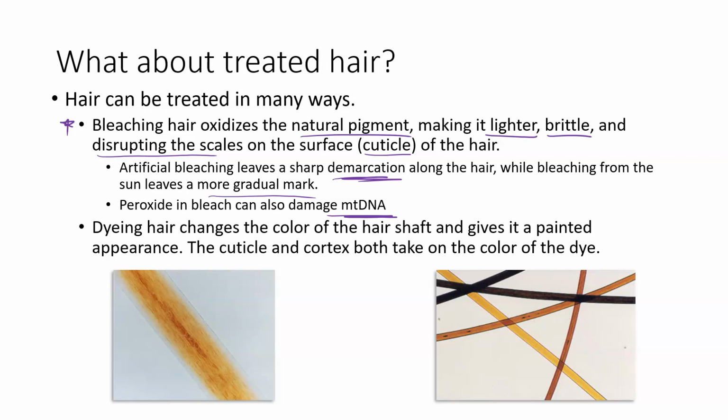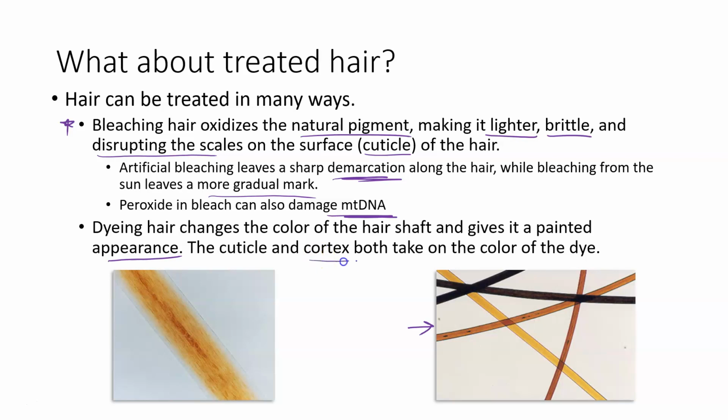Dyeing hair changes the color of the hair shaft and gives it a painted appearance, which can be seen over here. Notice that these are all different colors. They're uniform throughout. It almost looks like they're artificially colored, because they are, and they look more like artificially synthesized fibers as opposed to normal, naturally occurring hairs.